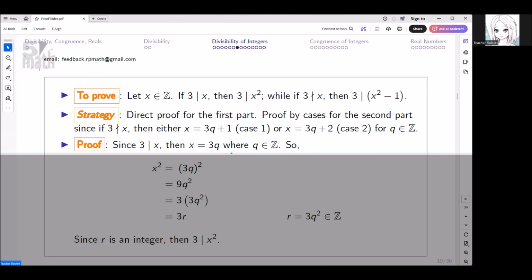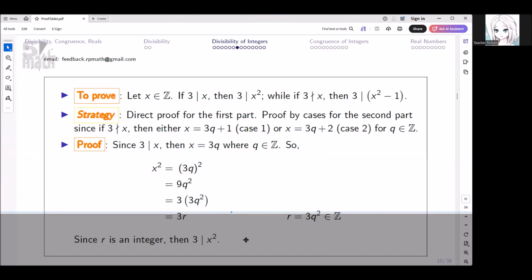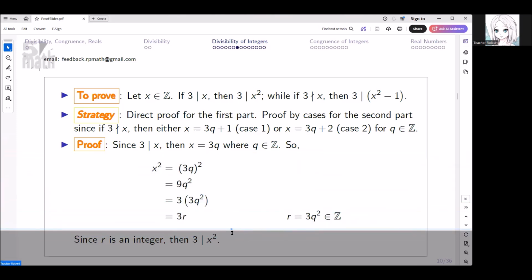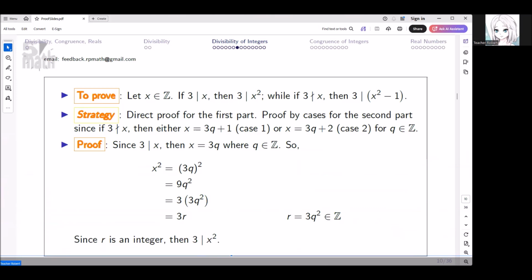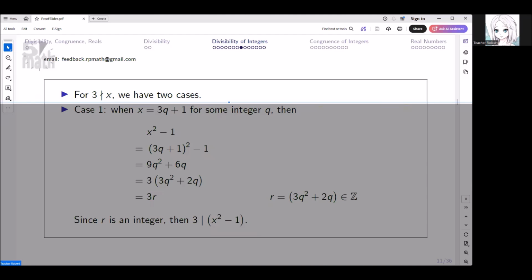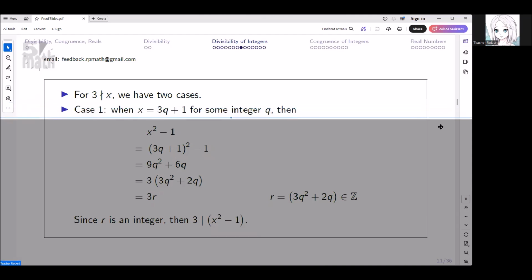Proof. Since 3 divides x, then x equals 3q, where q is an element of the integers. So, we have the following. Since q is an integer, then 3 divides x squared. For 3 not dividing x, we have two cases. Case 1.